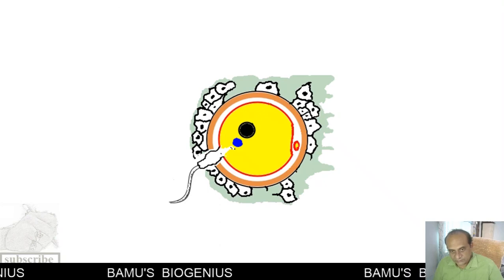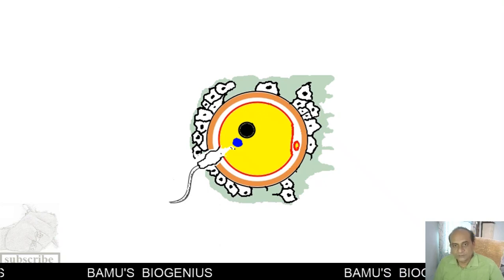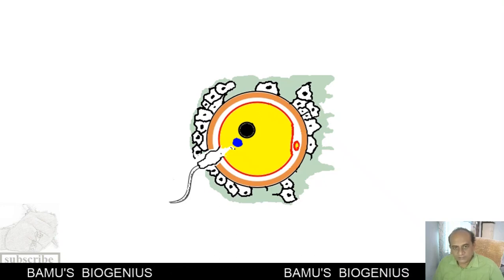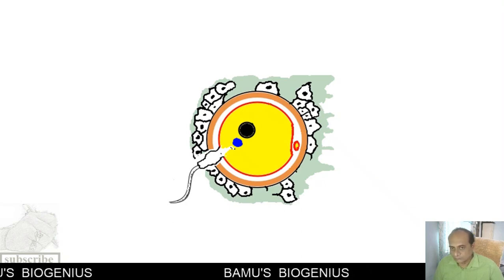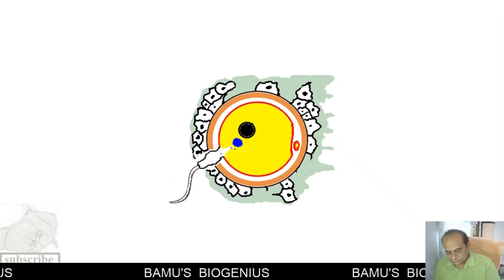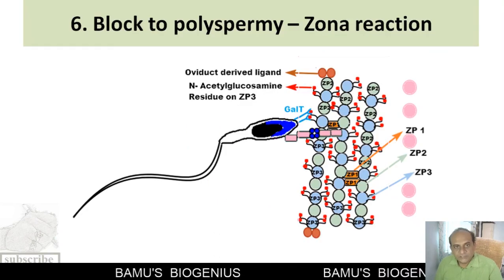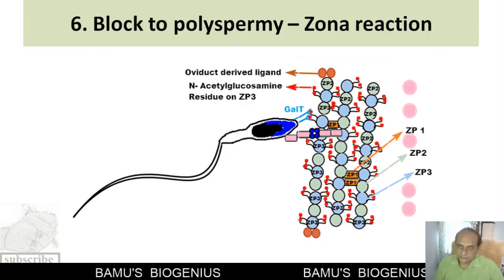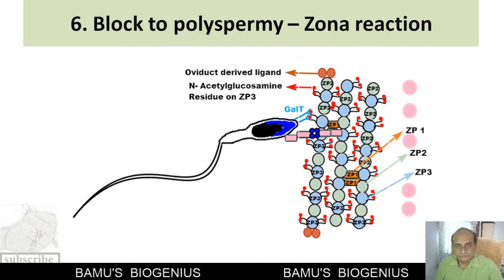You can see after membrane fusion, the sperm nucleus, mitochondria, centriole, and the flagellum can be inserted inside the cytoplasm of the female gamete, and thus the fertilization is accomplished. Now the next point is block to polyspermy, which is also called the zona reaction.